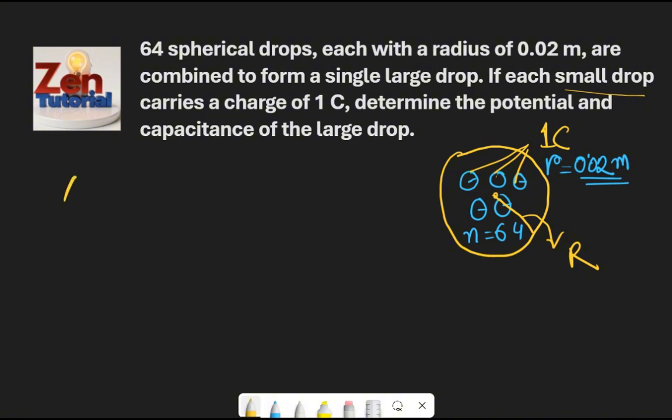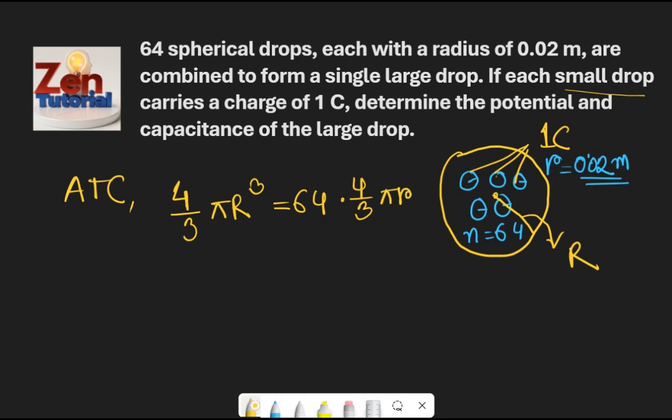So we could write down, according to the condition, that the volume of the large drop, 4 by 3 pi R cube, is equal to the total number, so we could write 64, times 4 by 3 pi r cube, the volume of each of the small drops. So 4 by 3 cancels out, pi cancels out.